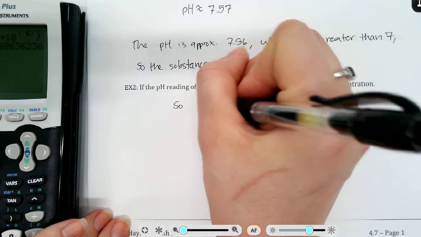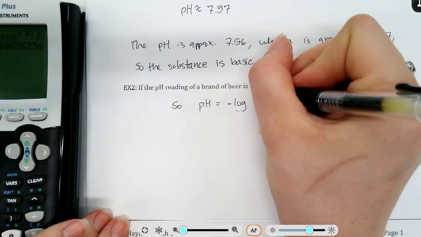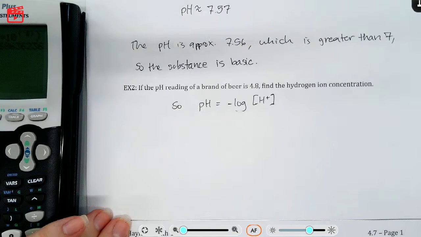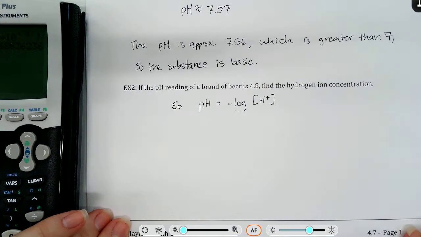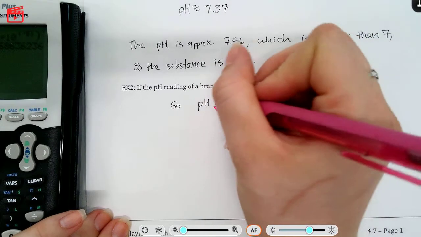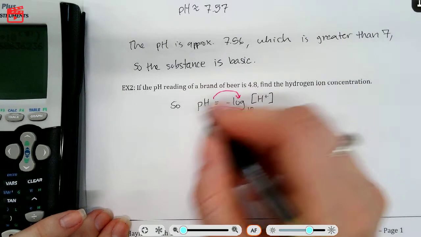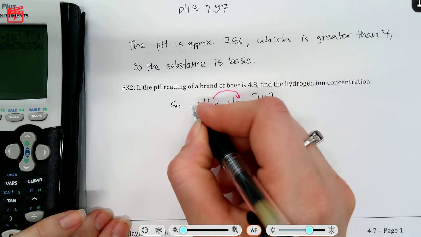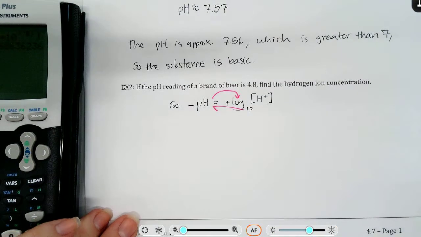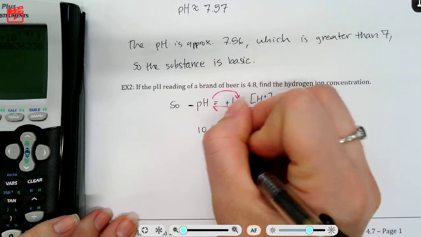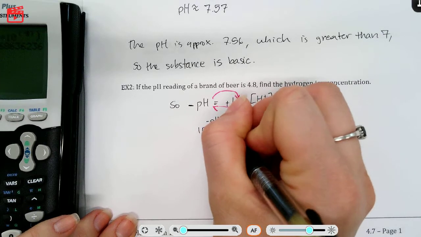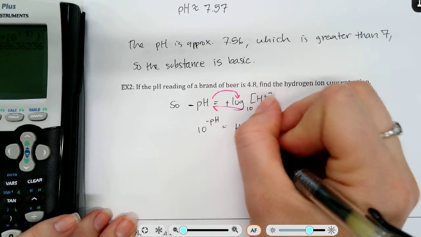We know that pH is equal to negative log H plus. Before changing this into exponential notation, I'm going to multiply both sides by negative 1 to move that negative to the pH. So that's going to be 10 to the negative pH equals H plus.